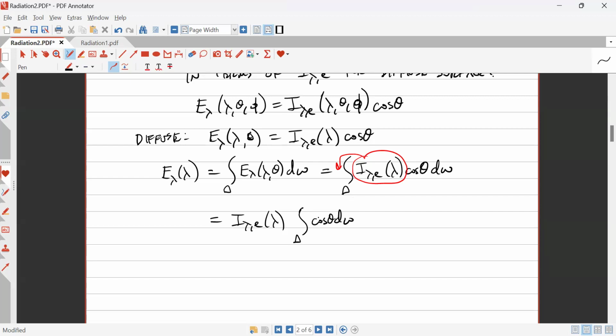Then we learned in the first module how to relate the solid angle d omega in terms of theta and phi, d theta and d phi. It turns out, when you go back and review it, d omega is the same as sine theta d theta d phi.